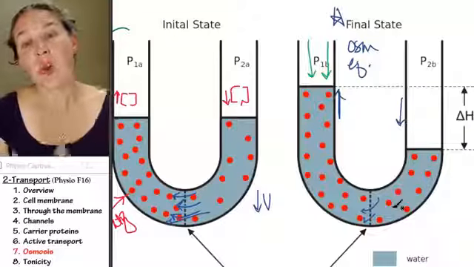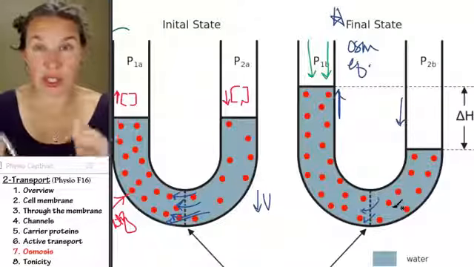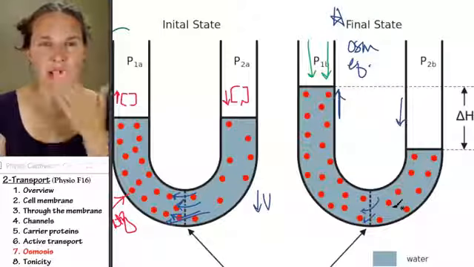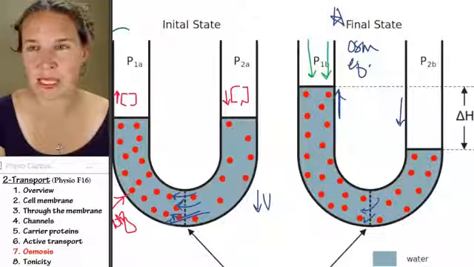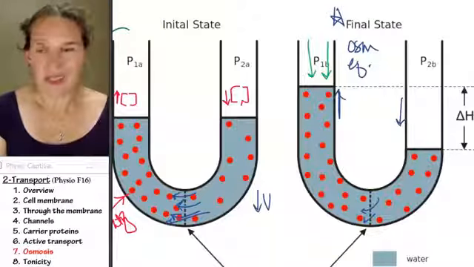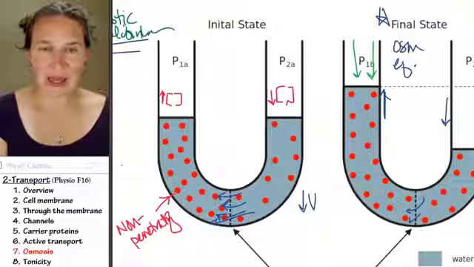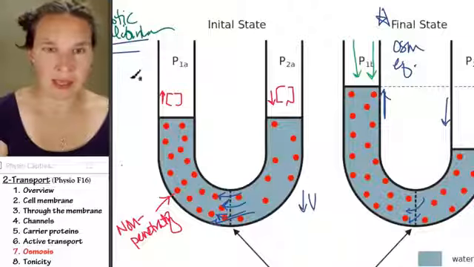Okay, so we can actually describe these solutions in comparison to each other using some terms that might sound familiar to you, but listen to this. I'm going to tell you that this is going to be my left side.